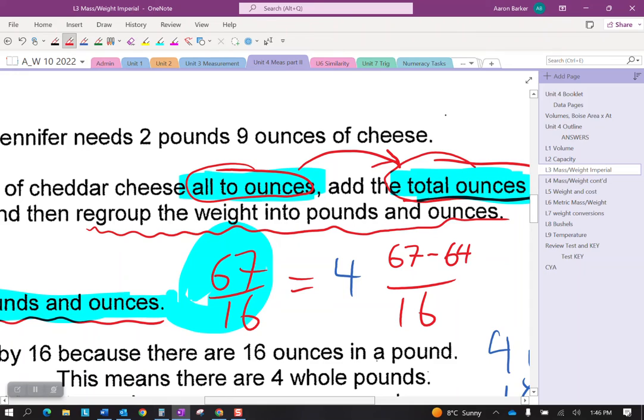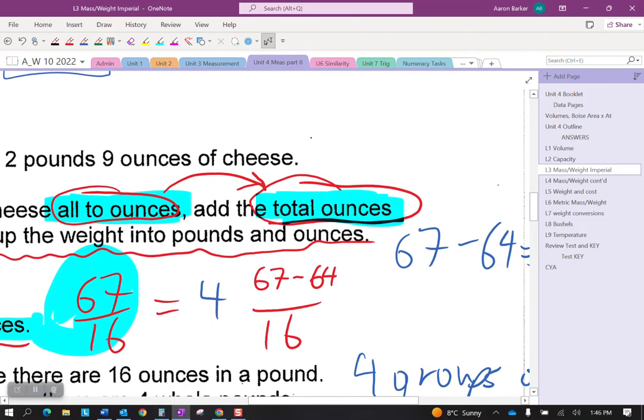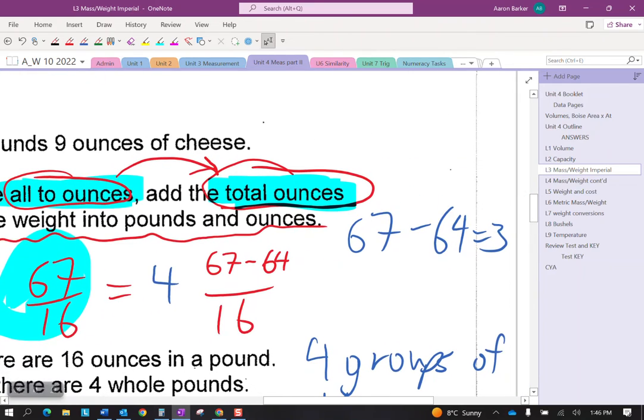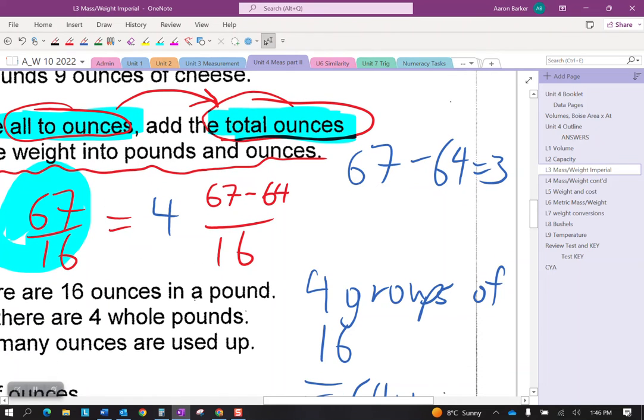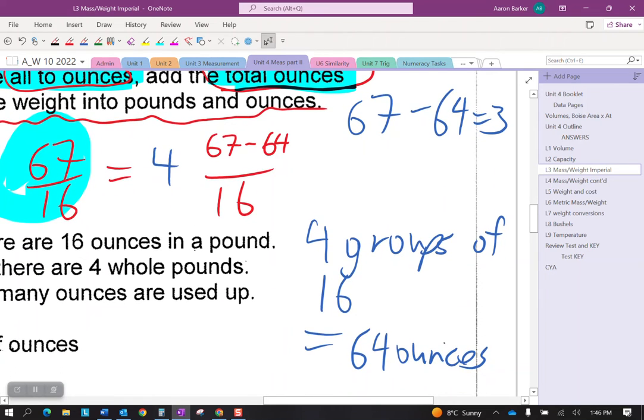So it's going to be 67 minus 64. That equals 3. Okay. So we took out the 4 groups of 16, which is 64 ounces. So we will have 4 and 3/16.